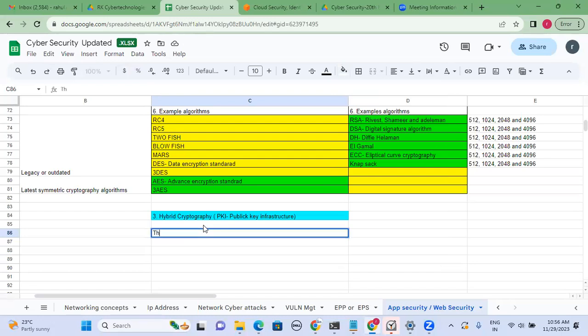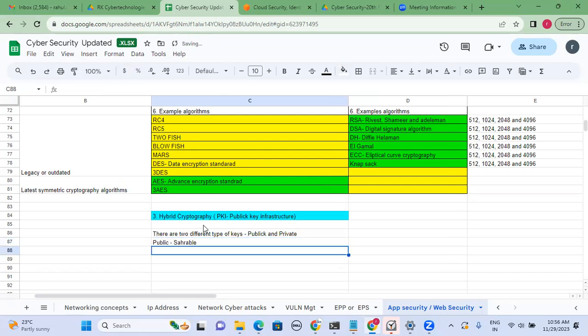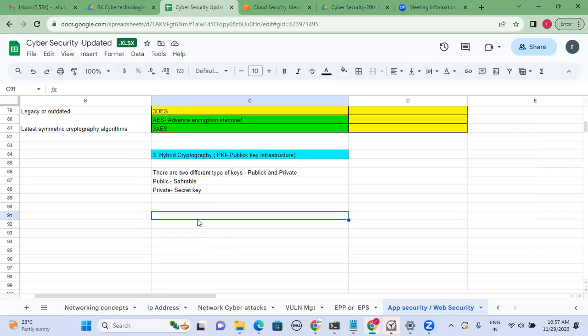There are two different types of keys. One is public, the second one is private. The public key is shareable, also called a shareable key. The private key is also called a secret key. We should not share this one; we keep it with ourselves. Public is shareable and private is the secret key.